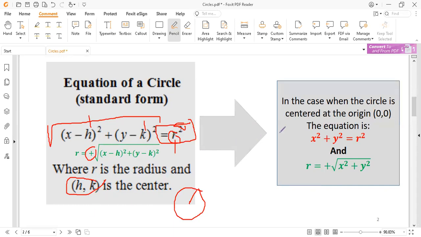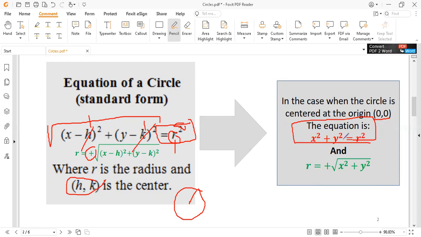In the case when the circle is centered at the origin, the center is (0, 0), so h is equal to 0 and k is equal to 0, and we obtain x² + y² = r². It is a very powerful and useful equation when we have x squared alone plus y squared alone.